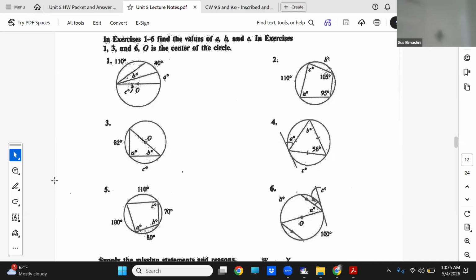This is also going to be B right here. Okay, so I'm going to do 95 times 2 is 190.